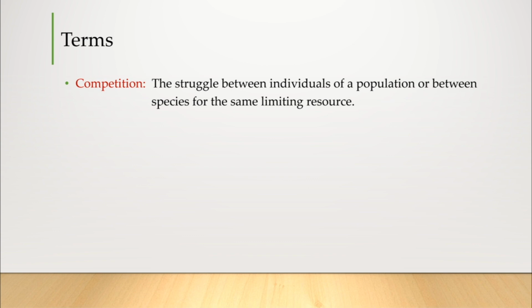So what does this mean? A good example that comes to my mind is, these days, people fighting for toilet papers. You have seen that in some media. I have seen this. It is one good example that everybody can remember, so that's why I picked it. There are two people fighting for the same limited resources.